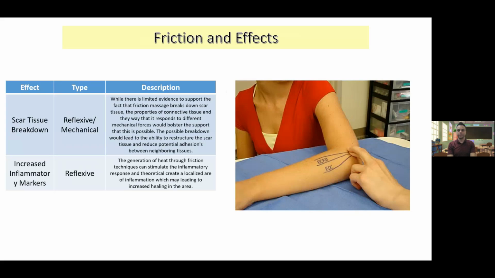Of course, we can also increase inflammatory markers by generating that heat and causing irritation locally. Now, the theory is that the inflammatory response in the body is part of the healing process. And so if we create this localized inflammation, then we could potentially be creating local areas of healing.